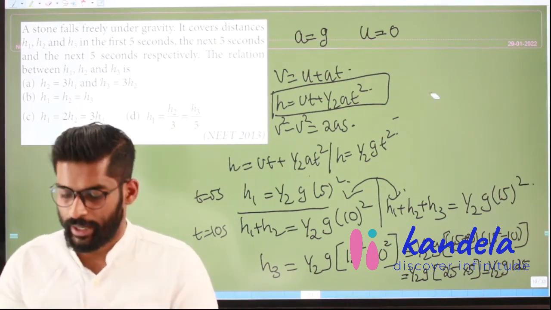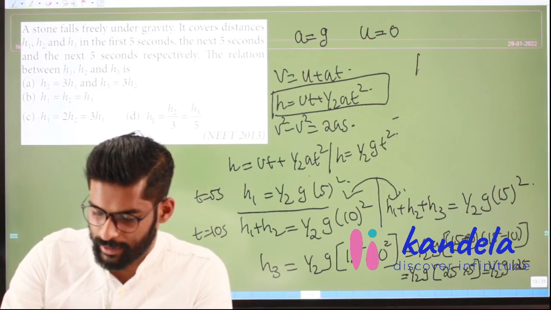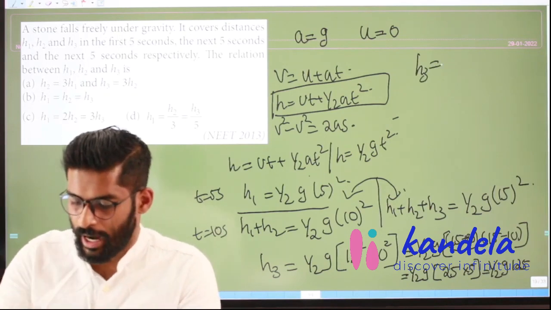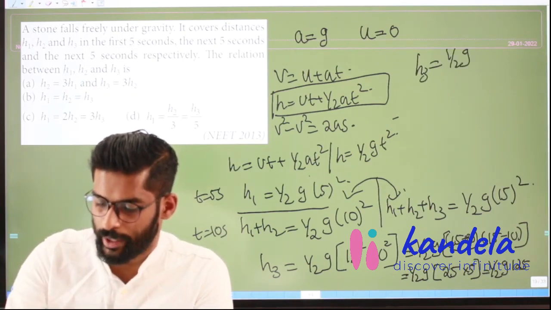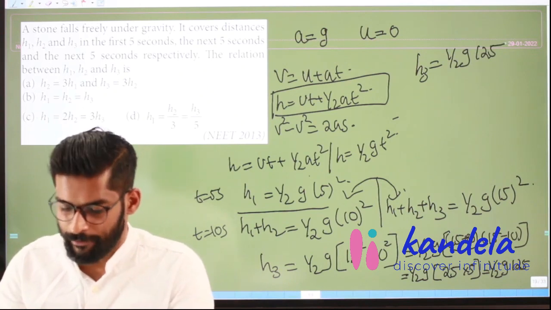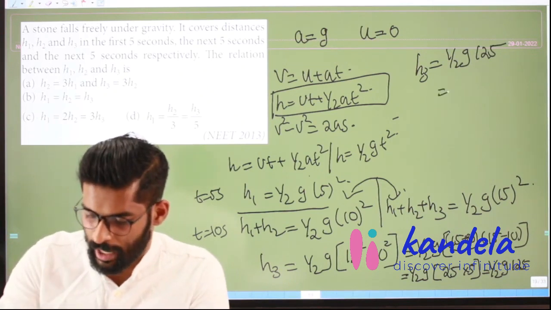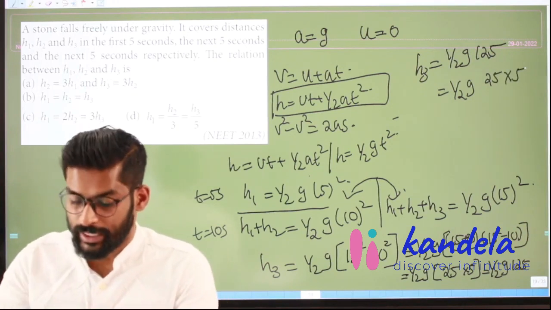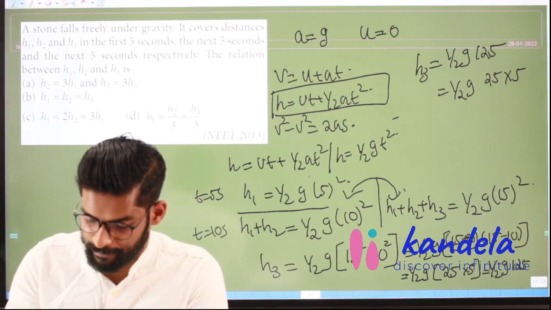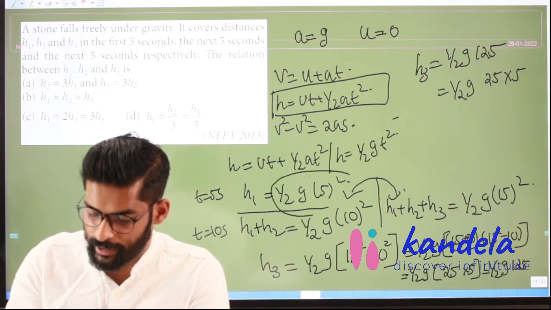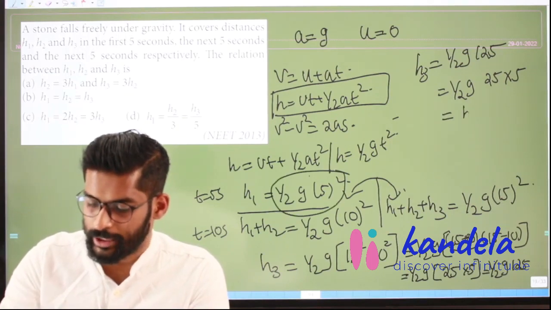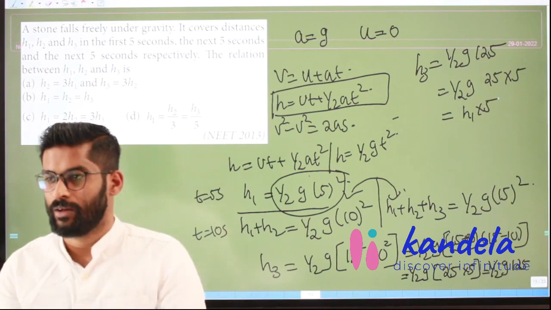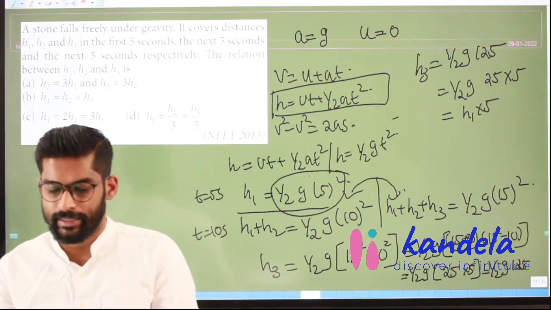I will call this half g into 25 into 5. Half g into 25 is nothing but h1. So this is h1 into 5. So I got the relation h3 is h1 into 5.